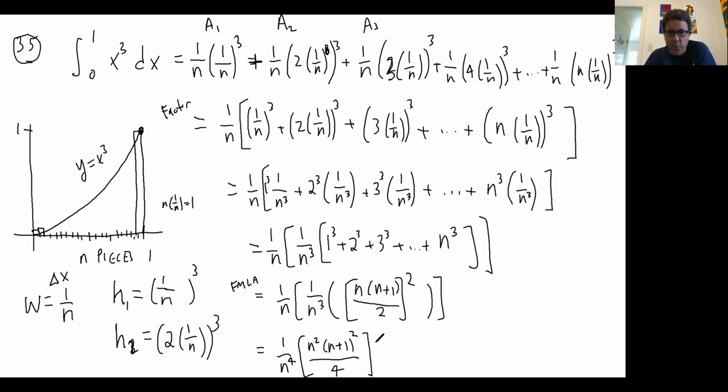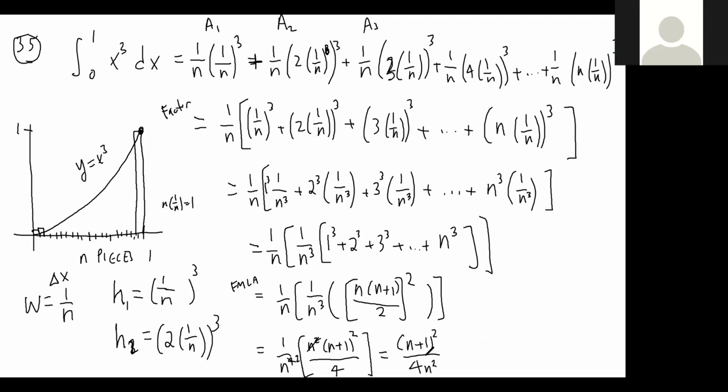Now we're just trying to clean up with our formula so we can use it a lot easier. We have n squared on the top, and we have n to the 4th on the bottom. So we can cancel this n squared. And we can cancel this 4 to become a 2. And we can just stack everything up. So we'll have n plus 1 squared over 4 times n squared, like that. And that'll give me my formula.